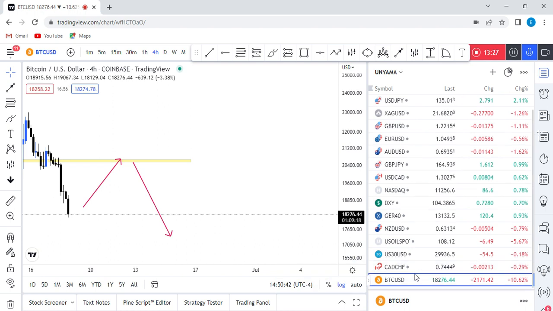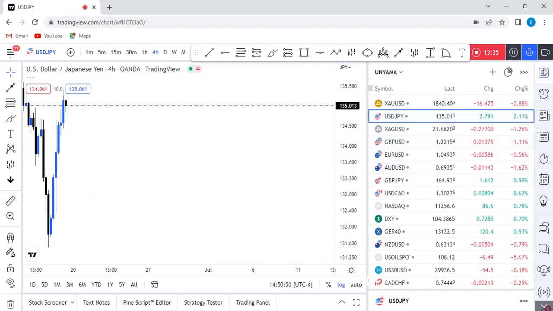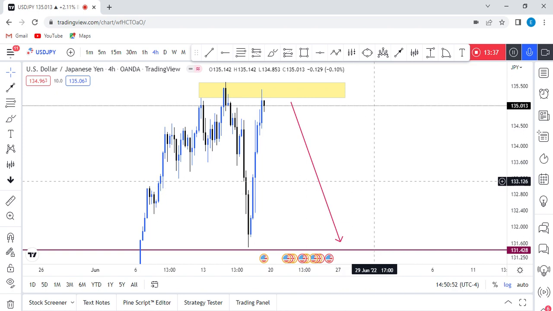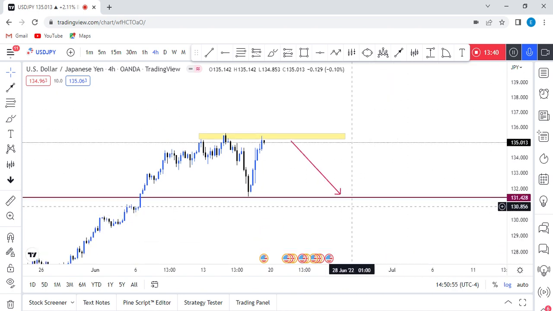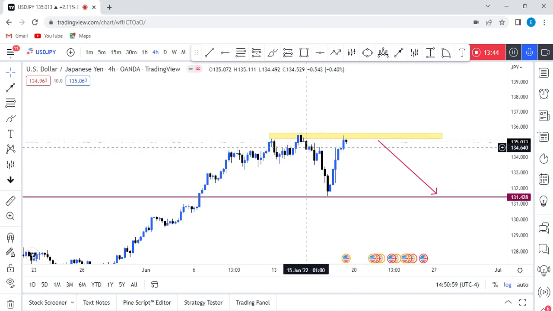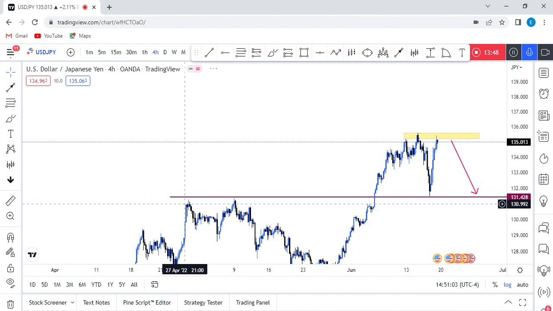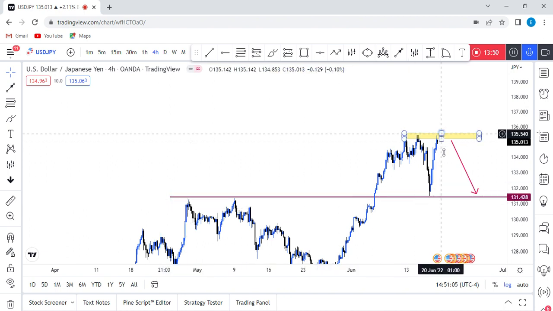Another, let us say, USD. As you can see, we must look for the short-term sell because it touched here. It was from the downside, from this level touched here to here.